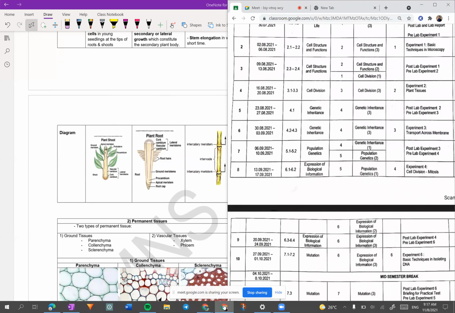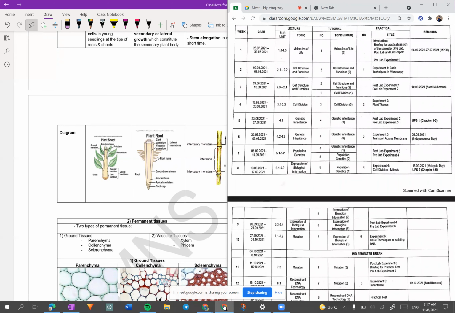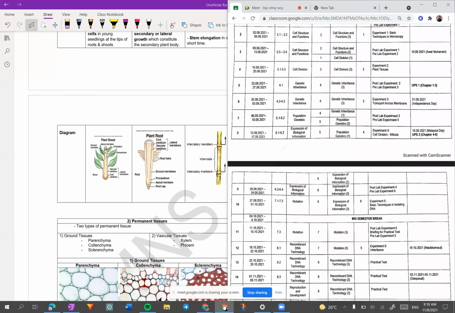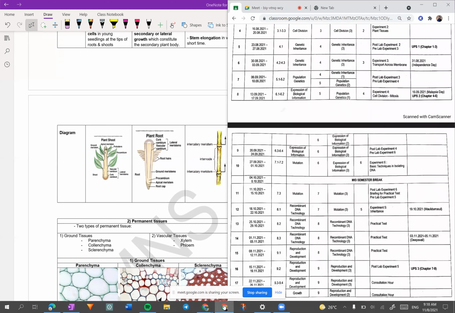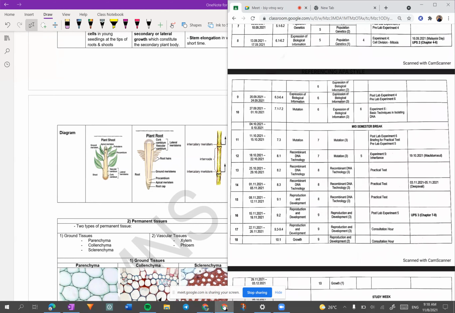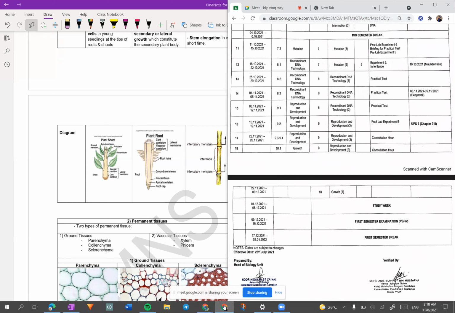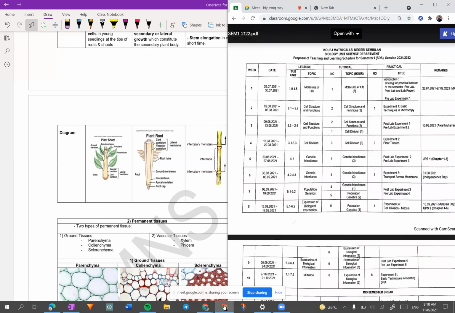Contohnya 23 hari bulan 8 sampai 27 hari bulan 8 tu awak akan ada UPS 1. Kat sini yang you kena score 10%, 20%. UPS 2 also, quizzes tak ada, just this so far.